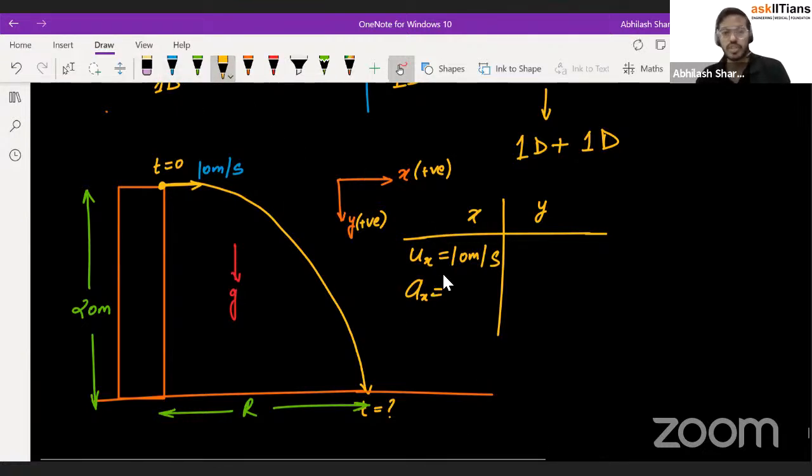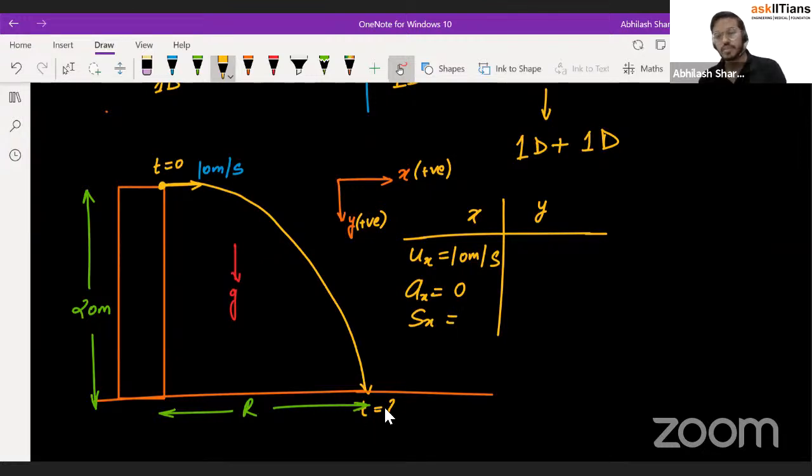So we will say that along X, there is no acceleration, 0. What is the displacement along X? How much will the particle travel along the X direction? R, right? R will be the displacement along X. So everything about the X dimension is over.